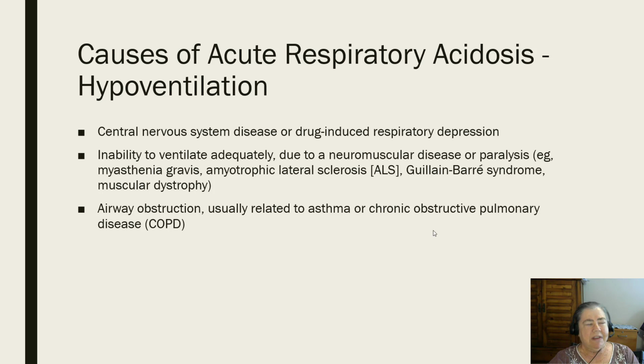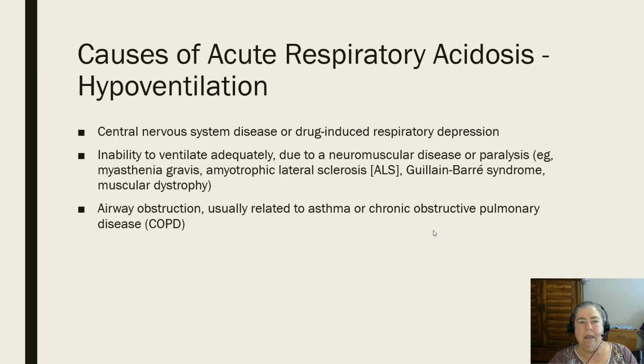Probably the most common one these days is a drug-induced respiratory depression. So when somebody is using a sedative drug like a narcotic drug, they decrease breathing and hypoventilate and become acutely acidotic. There are other potential causes.